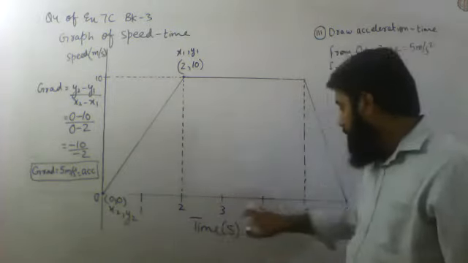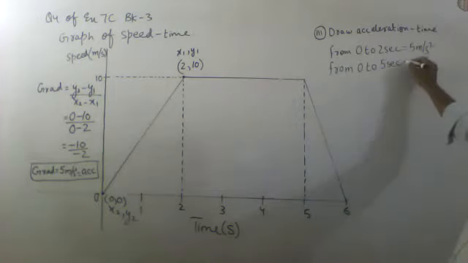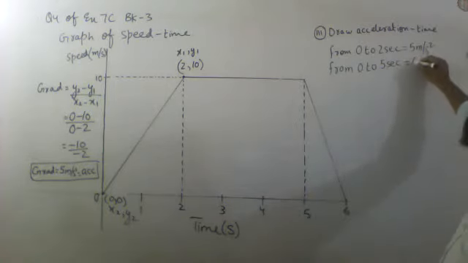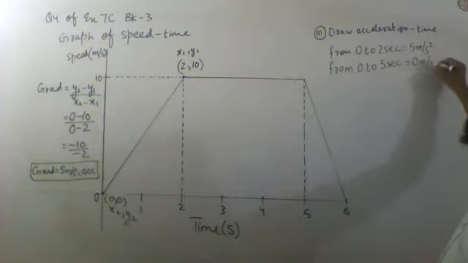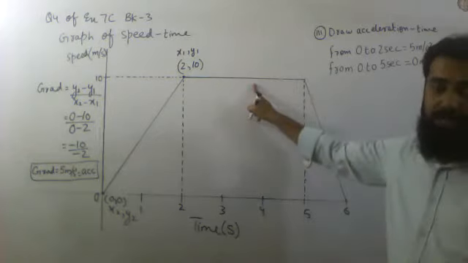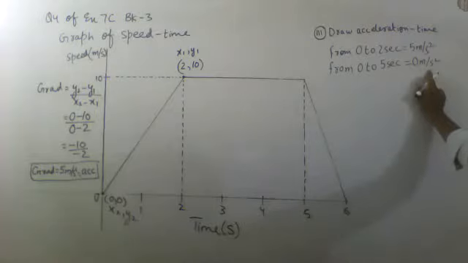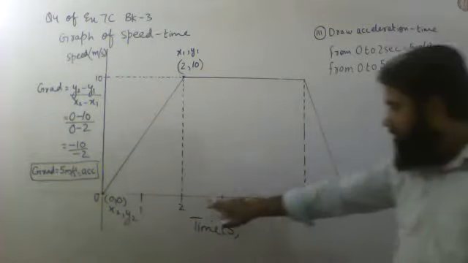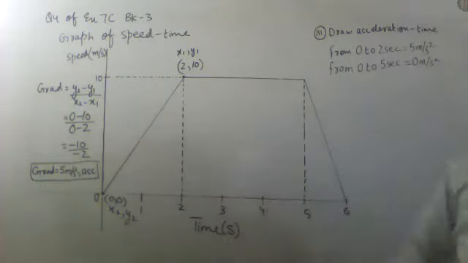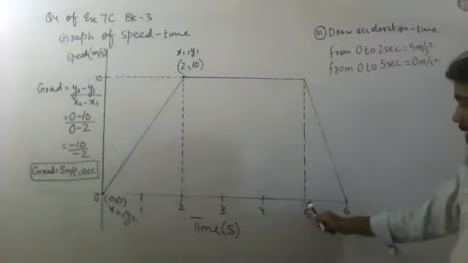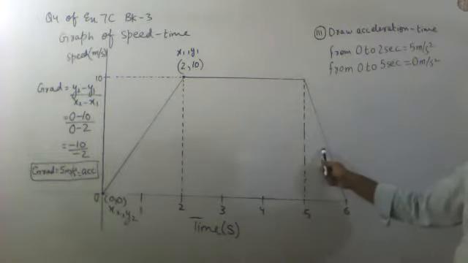So from 2 seconds to 5 seconds, I was having 0 meter per second square because it is representing constant speed, and constant speed means acceleration was 0 from this point to this point. Coming over here, what is the acceleration over here?